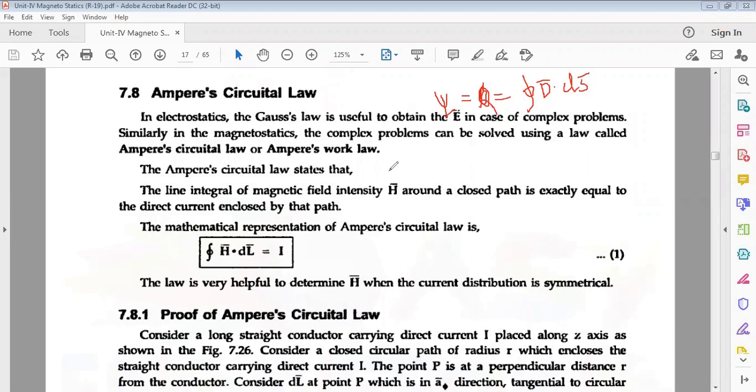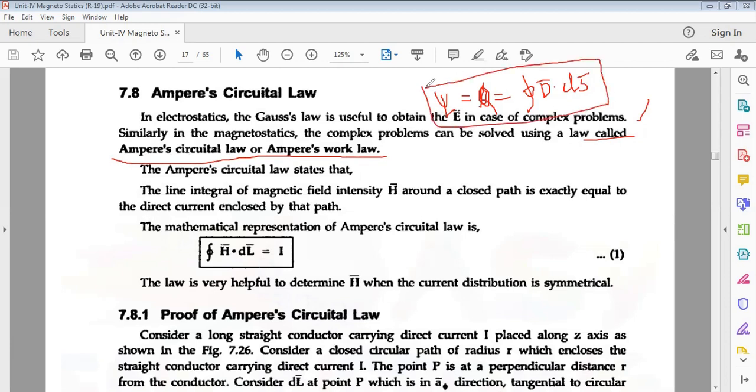I want the Gauss's law of electric field. In electrostatics, Gauss's law is used to find the E bar in case of complex problems. Similarly, in magnetostatics, the complex problems can be solved by the law called Ampere's circuit law, Ampere's work law.